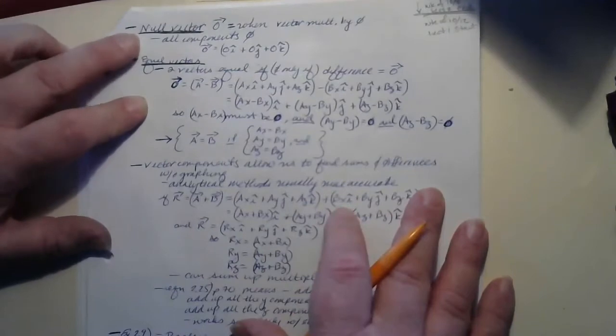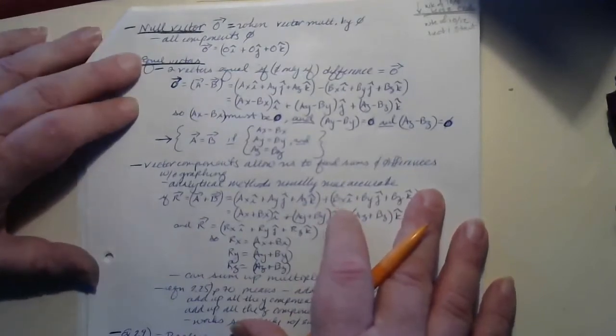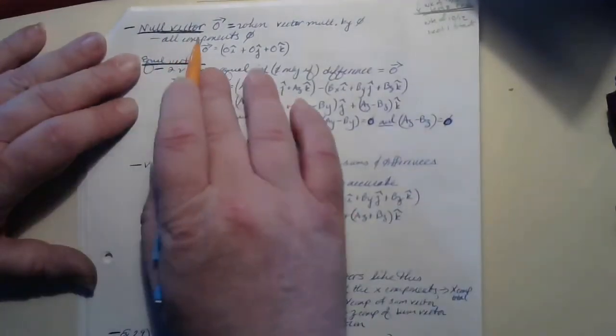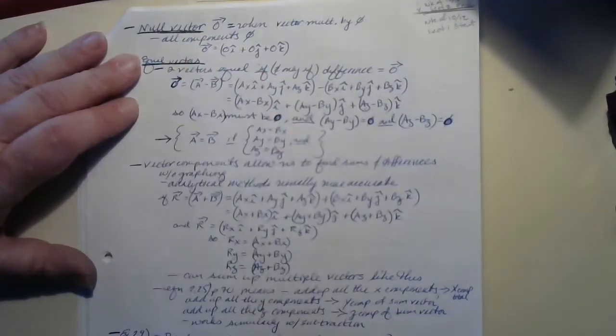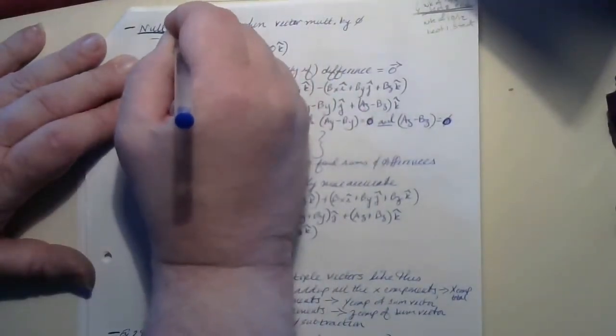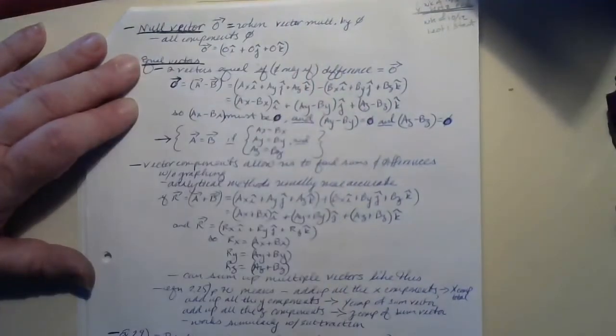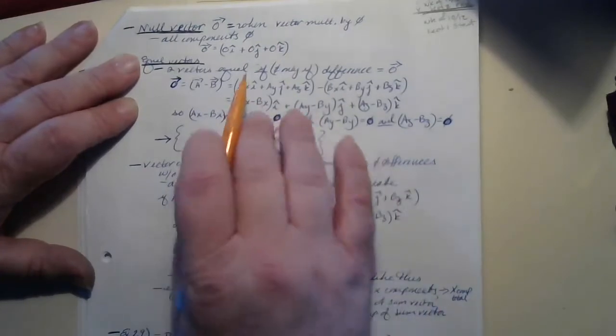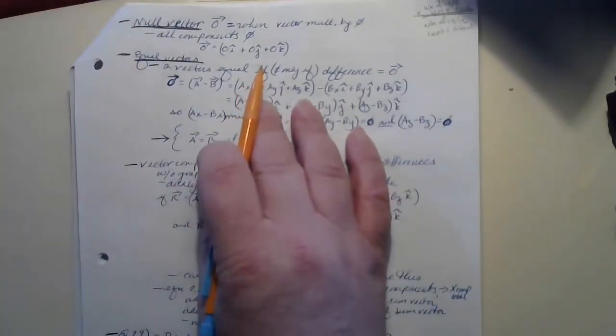Anyway, where we left off was we were about to define the idea of the null vector. The null vector is just a vector whose components are all zero. It's something that you get when you multiply a vector by zero. We've seen already that you can multiply a vector by a scalar, and a scalar is essentially just a number.